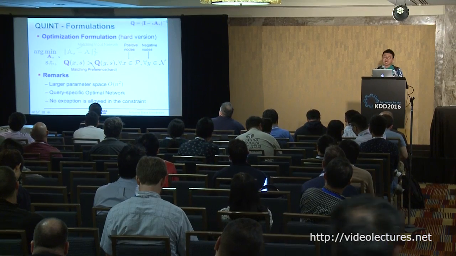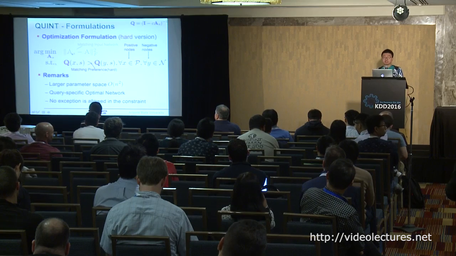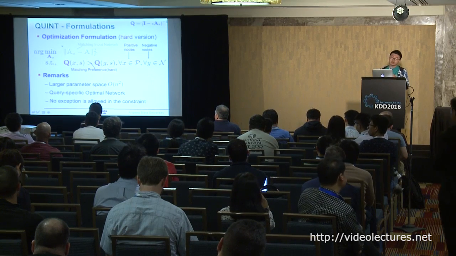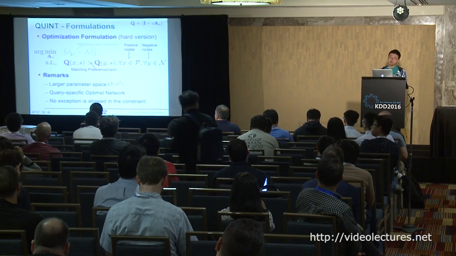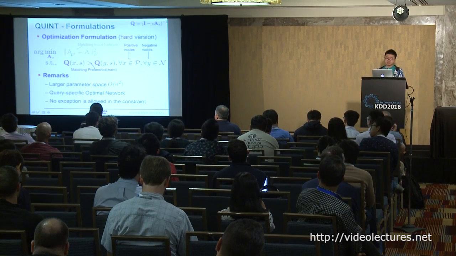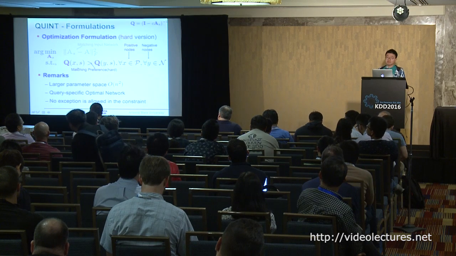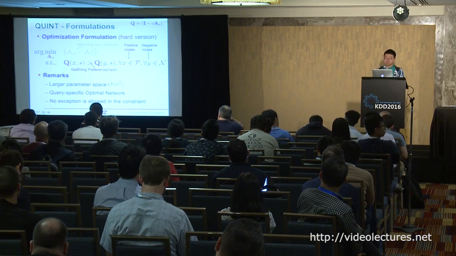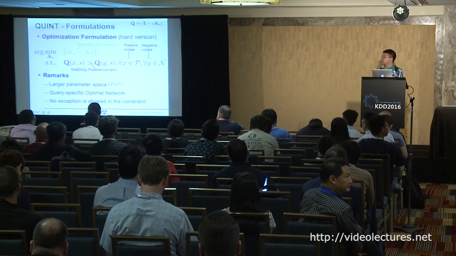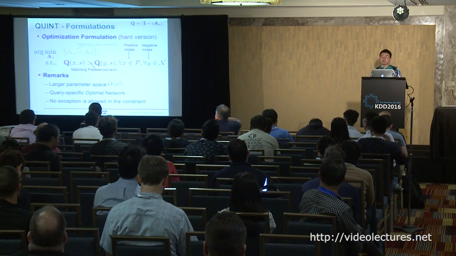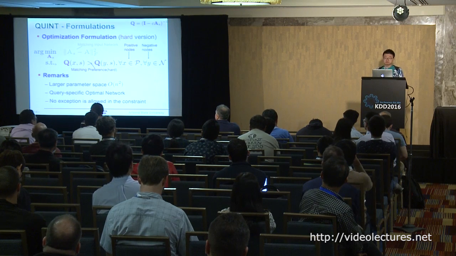So first, in the objective, we want to match the input network, so that we want the learned network A_S to be as close as possible to the input network A. And second, in the constraint, we want to match the preferences. That is, we want the proximity score from the query node to the positive nodes to be greater than the proximity score from the query node to the negative nodes.